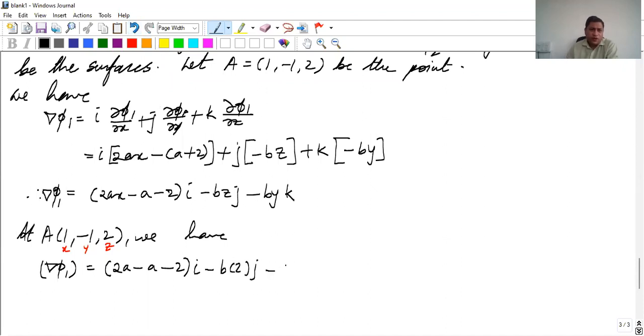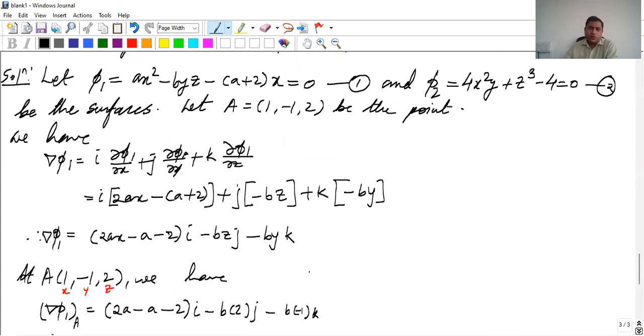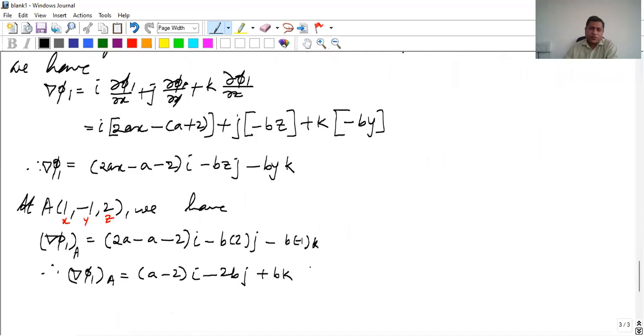And minus p, y is going to be minus 1, k. So del phi 1 at A is equal to a minus 2i minus 2bj plus bk. We have used equation 1 and equation 2, and that is why this is equation 3.